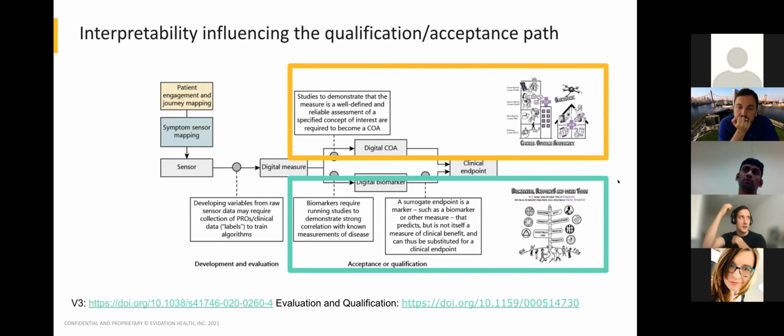And so just to close, coming back to interpretability, this is where it comes back to whether we're talking about an outcome or a digital biomarker. Typically, biomarkers have to be interpretable. They have to be directly interpretable. So this is why we talk about steps per day or blood pressure or pulse volumes. But an outcome can be something more abstract or a rating scale.